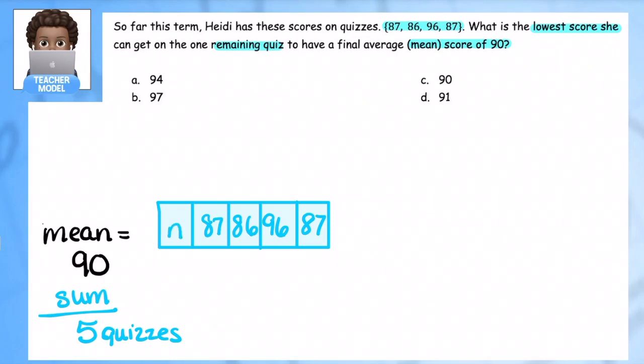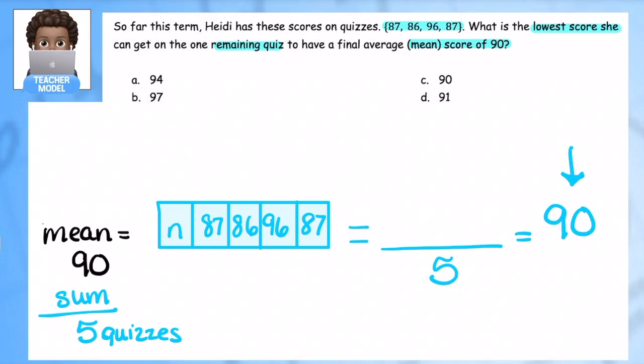Okay, so let's think about this for a second. And we're going to work backwards. We know that usually we would take these 5 numbers and add them all up. They would equal something, and then we would divide by 5. And we want this to be 90. So we're going to start at the end, and we're going to work backwards.